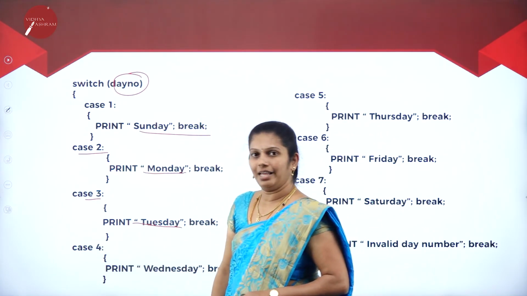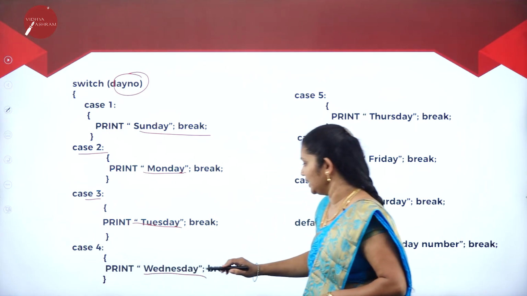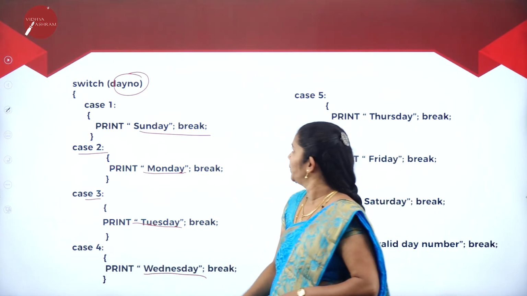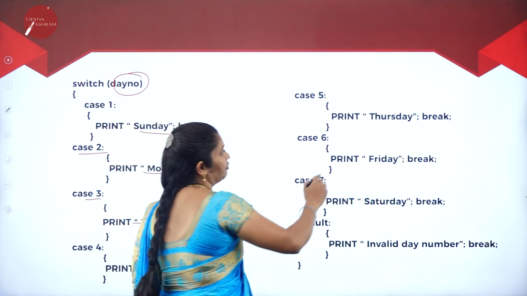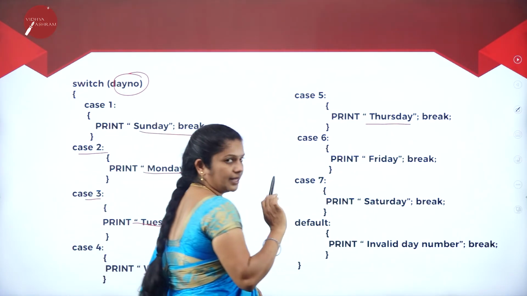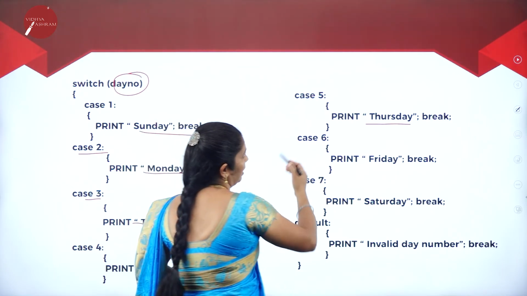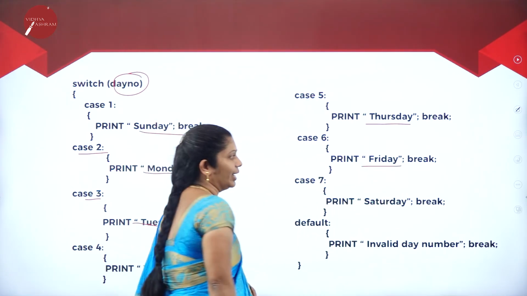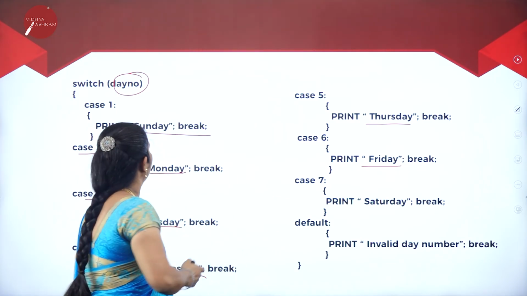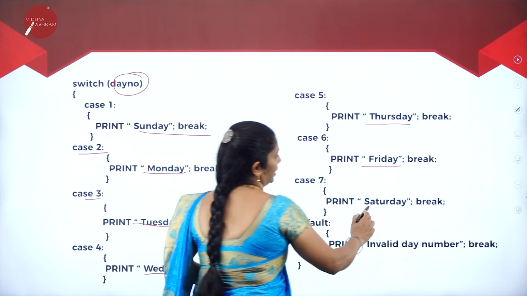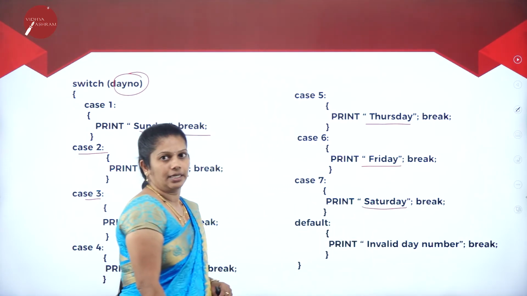If the label is 4, then Wednesday. If the day is 5, then it will display Thursday. If the label is 6, then Friday. If I give the day number 7, then Saturday, and each time it has to come out from the loop.